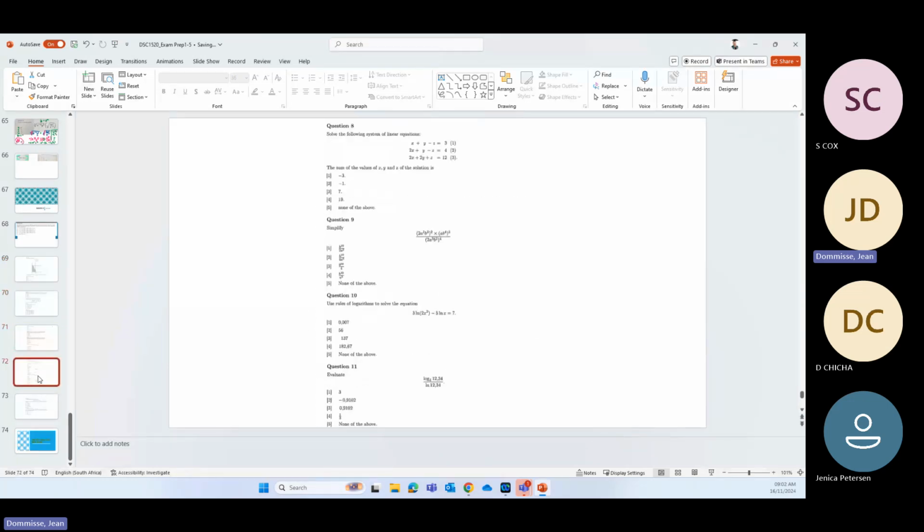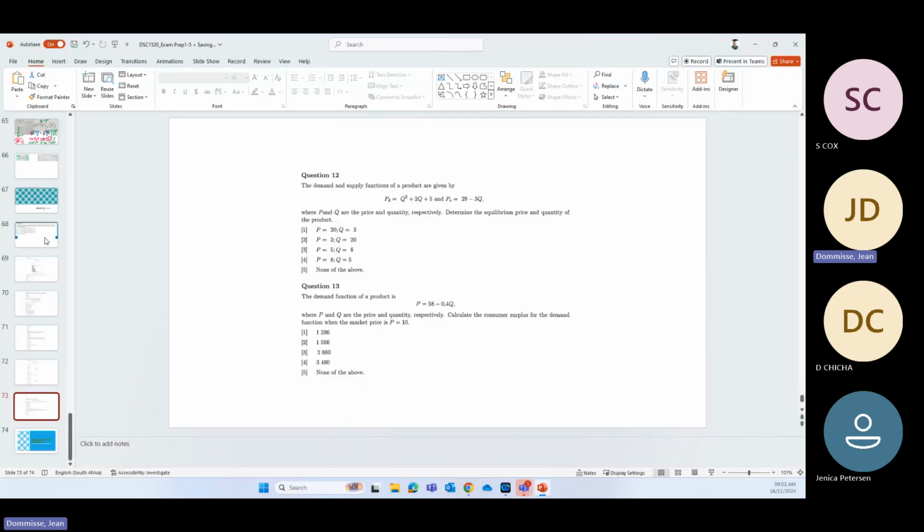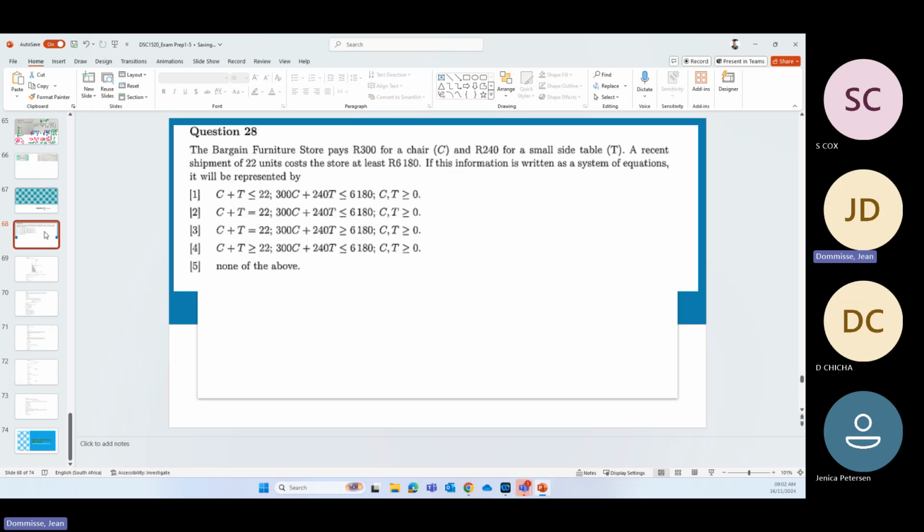Okay, so let's start with a few of the linear equations. You can see I've got a few others, so we'll duplicate the slides just to make it bigger, so that we at least look at a few things. I think we've covered differentiation and integrals a lot in the last 2 or 3 sessions, but let's get back to some of the traditional demand and supply, cost, revenues, profits, those kind of functions.